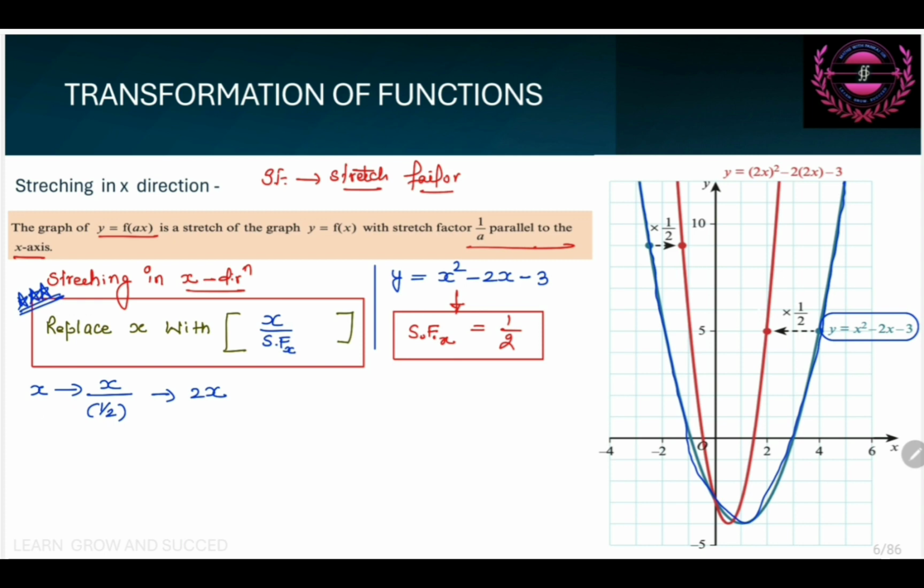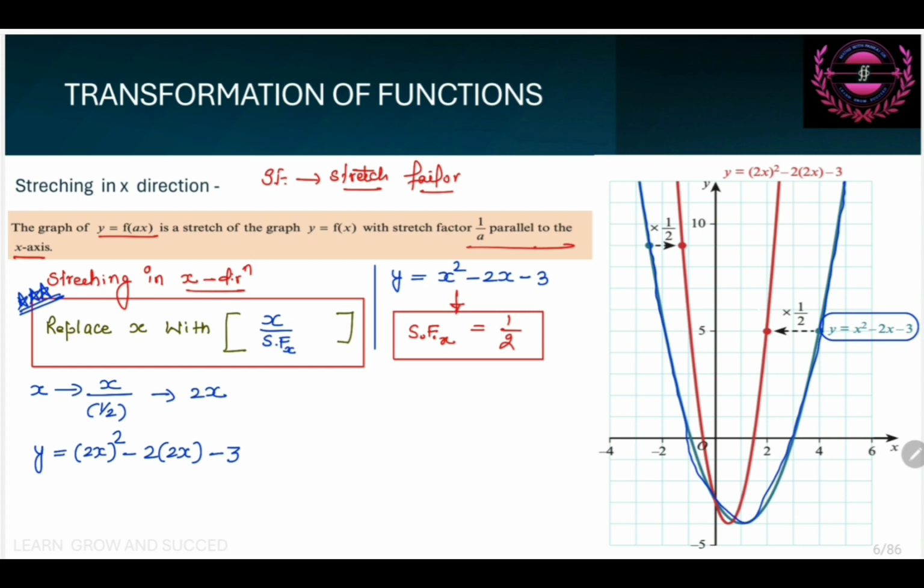So now you are going to replace x with 2x. So after stretching, the graph becomes (2x) whole square minus 2 of 2x minus 3.